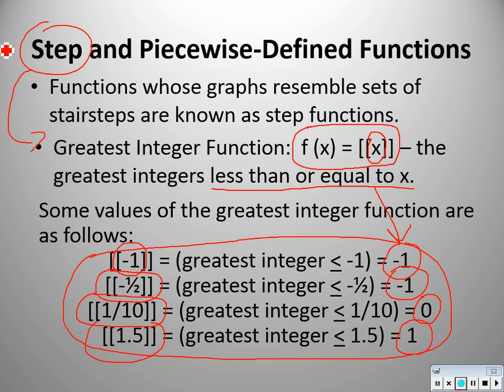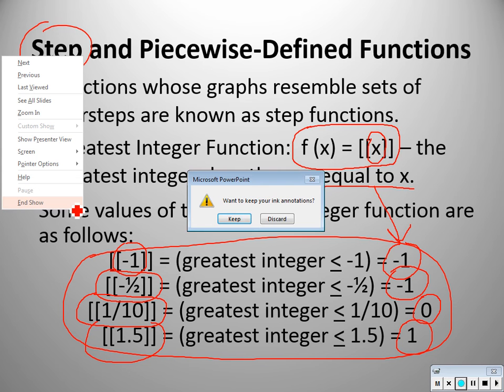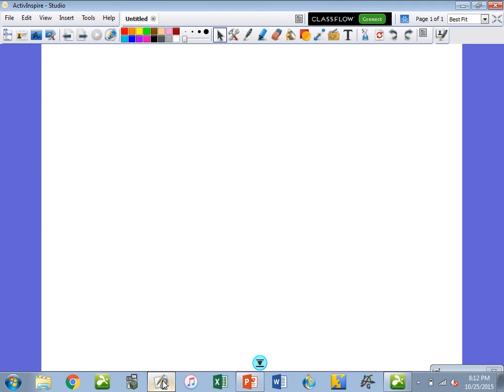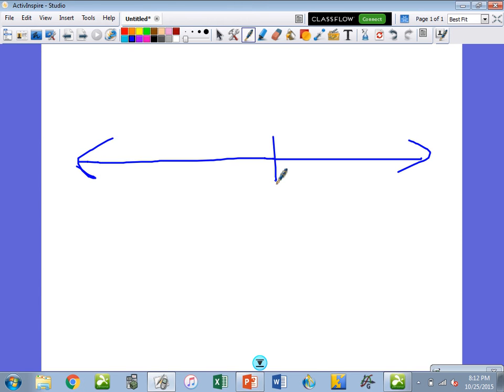So if I could exit out of here and just go over with you real quick a visual of what we're talking about with this here. So if I just pull this up and go to a number line here, I'm just going to draw myself a number line, and we're basically looking at something that's similar to those examples we just did.